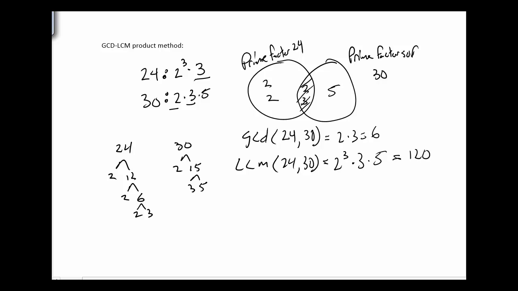Now, something interesting happens. If I take the GCD of 24 and 30 times the LCM of 24 and 30, we're going to get something interesting. So let's take 6 times 120, which is 720.